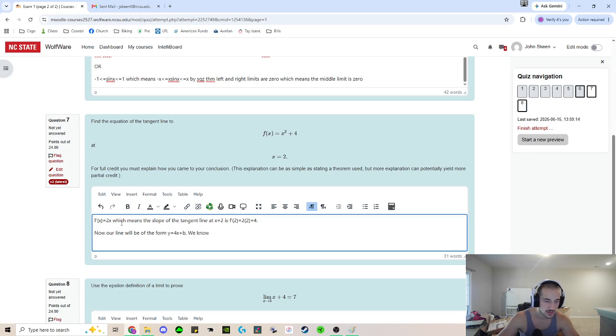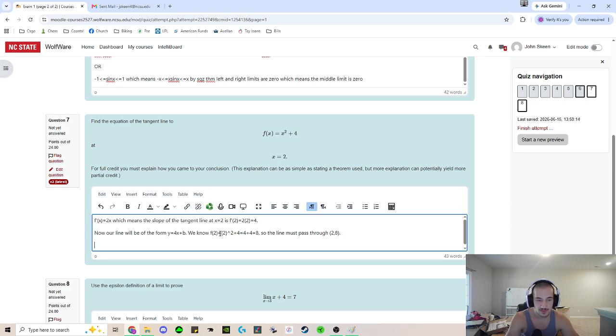We know that f of 2 is going to be 2 squared plus 4, which is 4 plus 4, which is 8. So the line must pass through our point (2, 8), right?